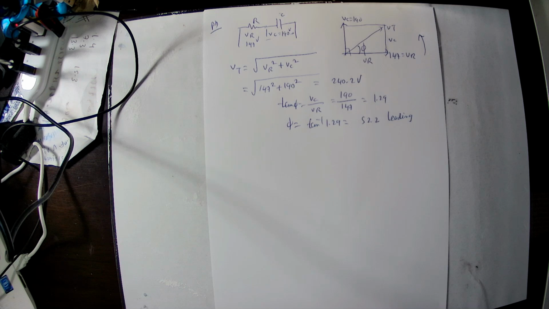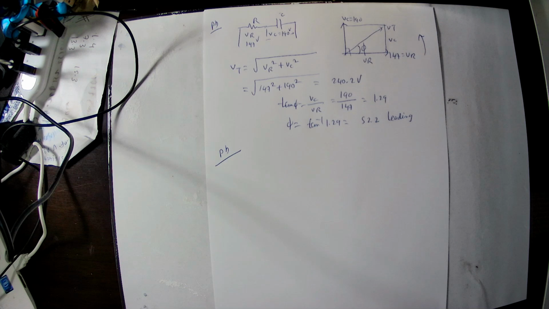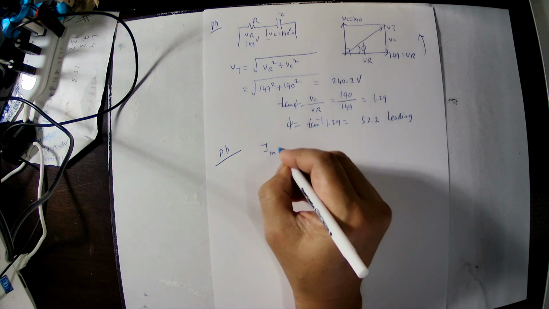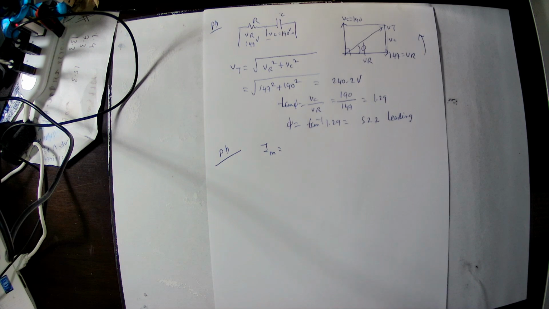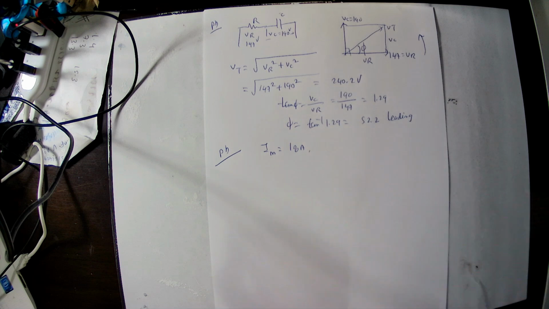The next problem. A 240 volt 50 Hz single phase motor draws 18 ampere from the supply, lagging phase angle 40 degree. So the motor current IM, the motor is drawing 18 ampere from the supply and lagging 40 degree.